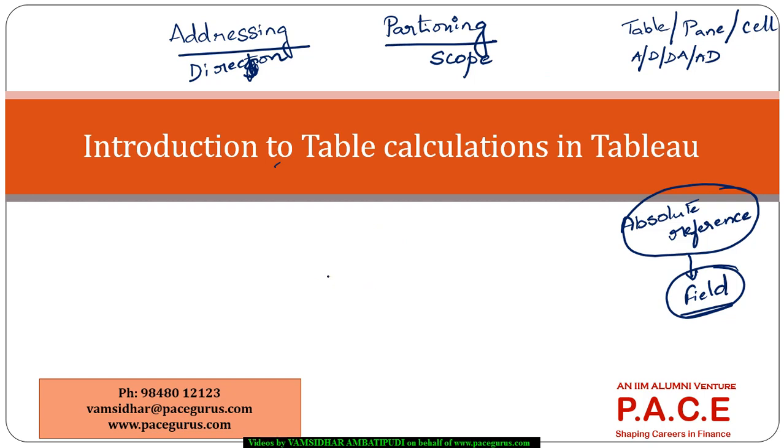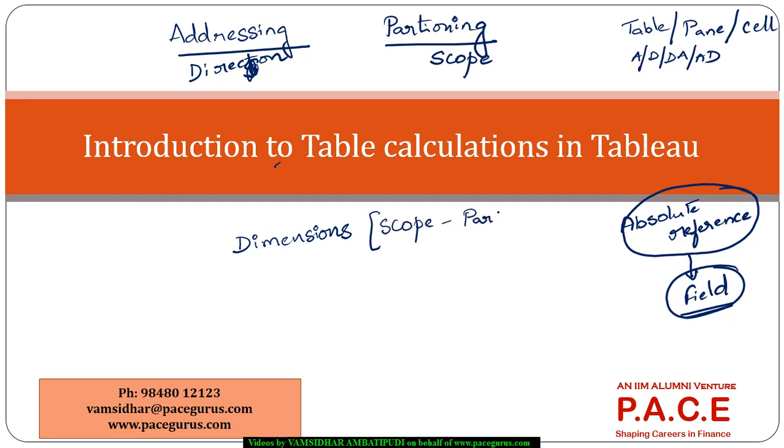So which dimensions are present in the view? I am clearly specifying, not across, down and all. Which dimensions in the view define the scope, which is more of partitioning.